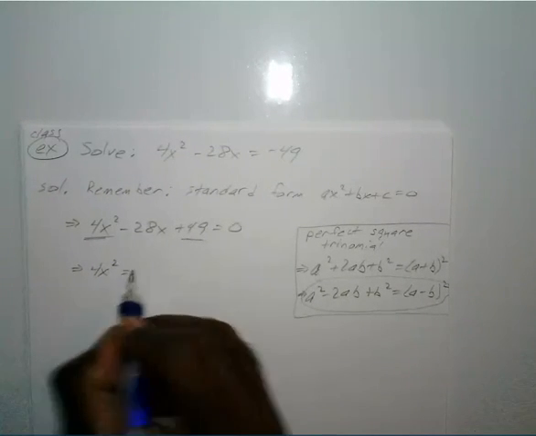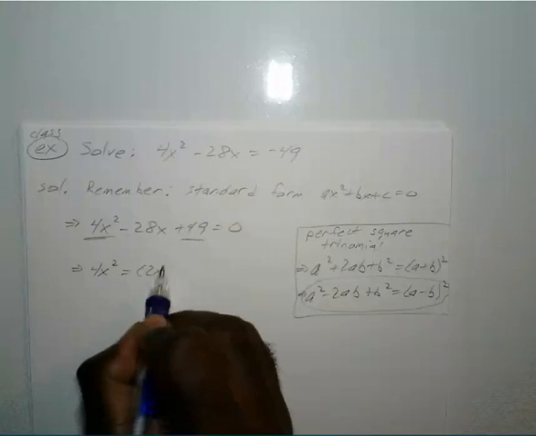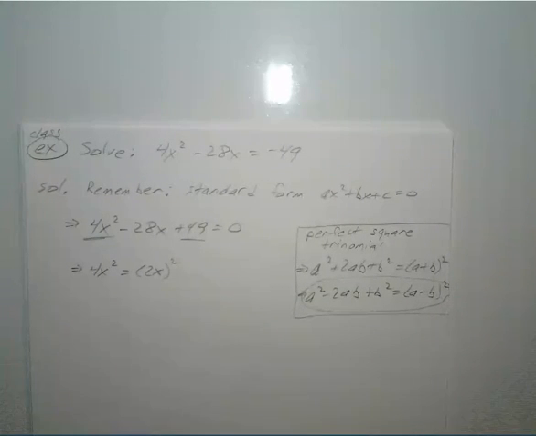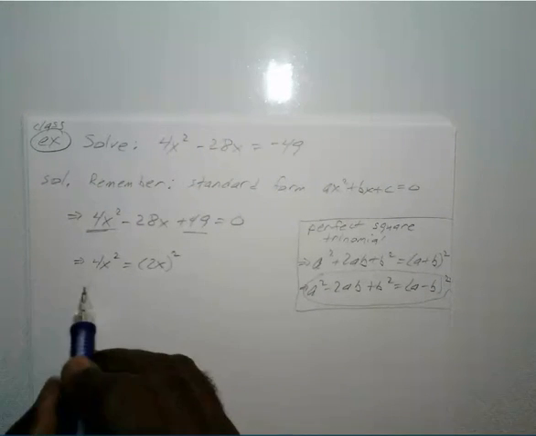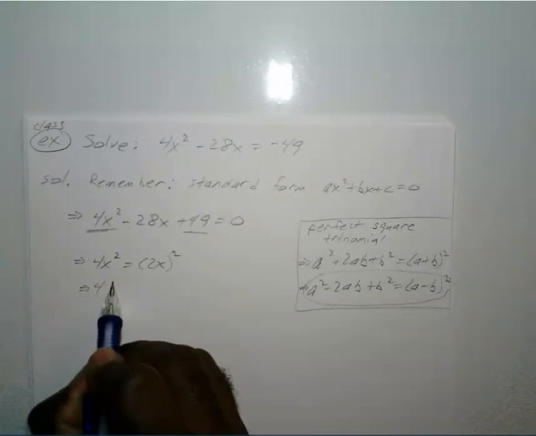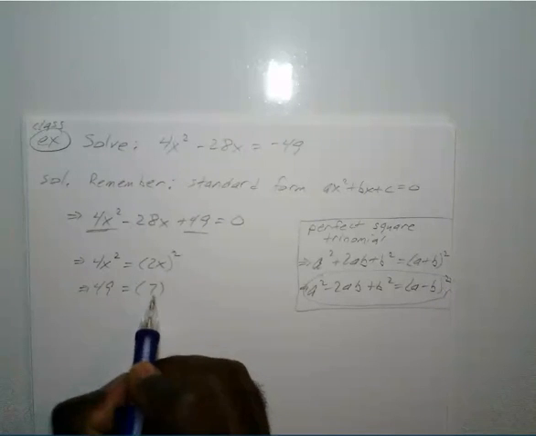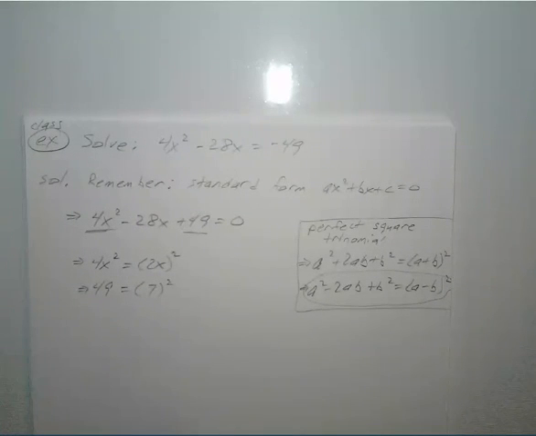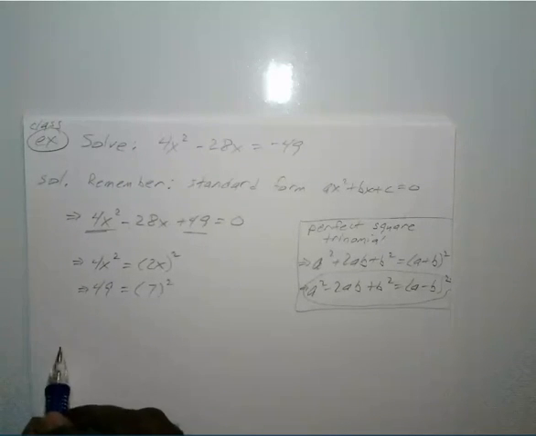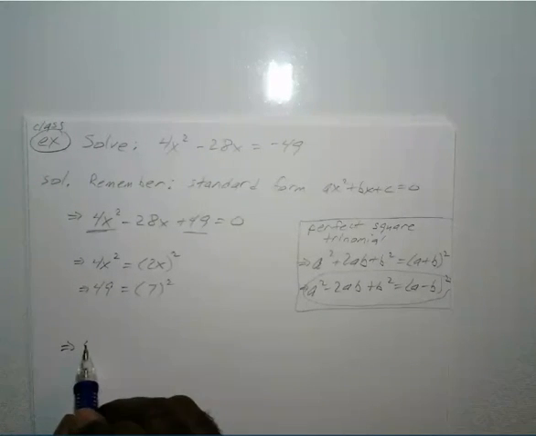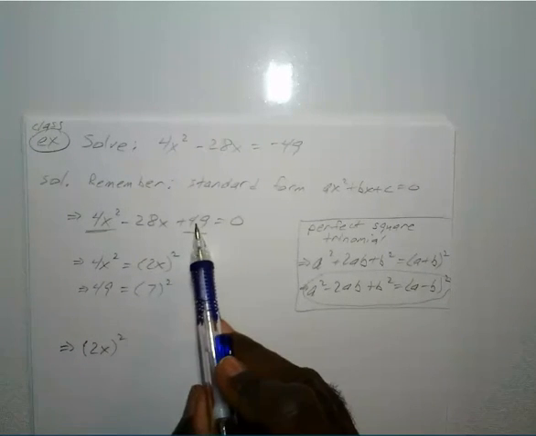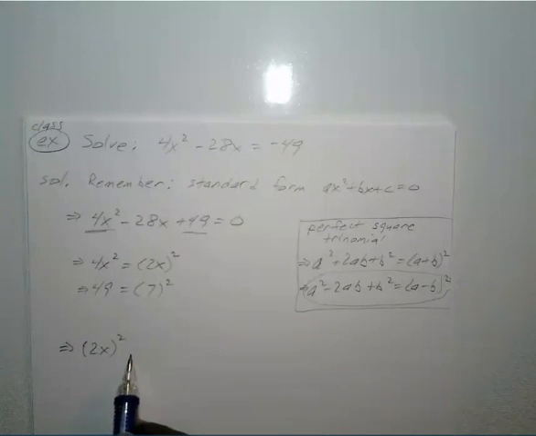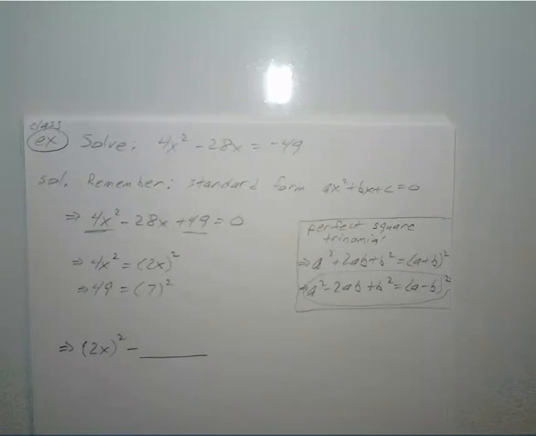Okay, so we know that 4x squared can equal 2x squared. And we also know that 49 is equal to 7 squared. So if we rewrite it, instead of 4x squared, we make 2x squared. That middle term, we're going to leave that blank for right now.